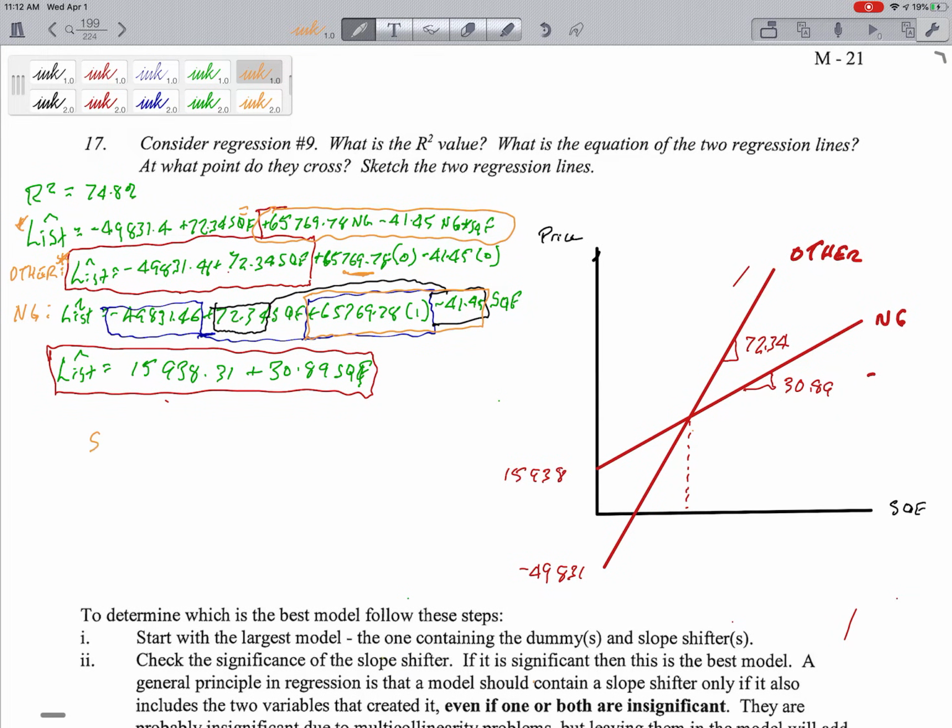SQF is equal to minus the coefficient of the dummy variable, in this case NG, divided by the coefficient of the slope shifter. This is where they intersect.